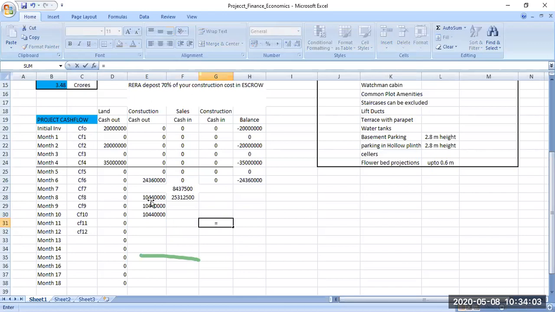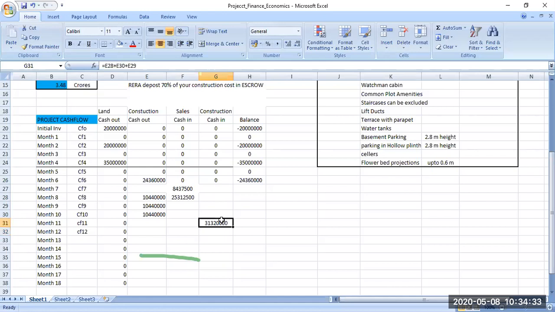So you can claim this 30% that you spend, and you will get this money back from the RERA authority. But my point is that this money is gone, you spend it. So you cannot consider this as money that has come in from construction.